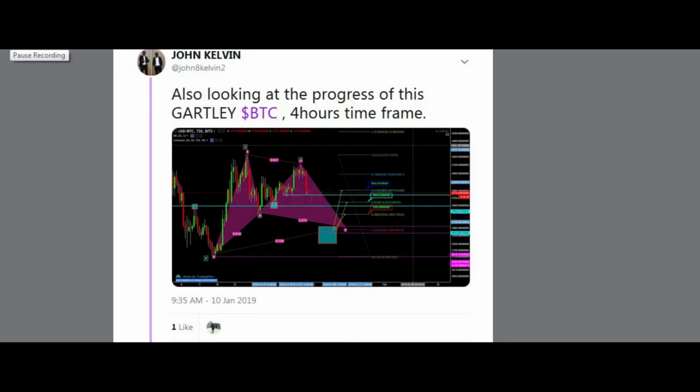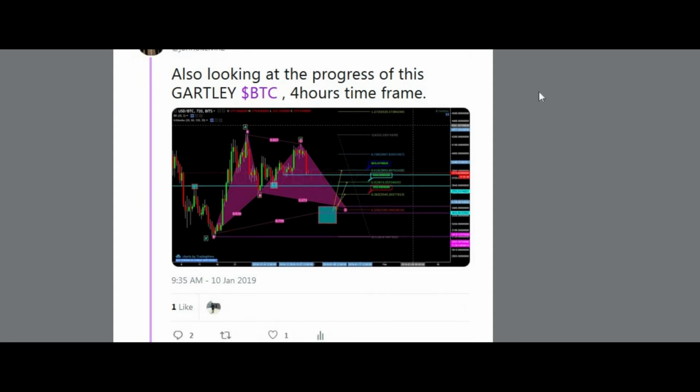So a quick example on the bullish Gartley pattern. I was charting the Bitcoin USD, and I spotted this bullish Gartley pattern in which I highlighted the XABC D leg.